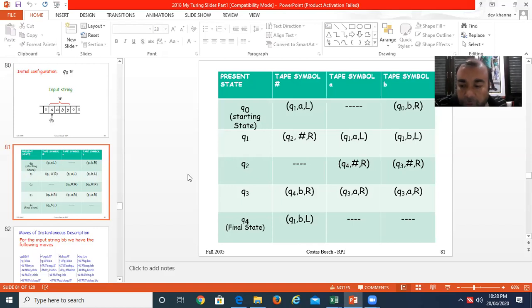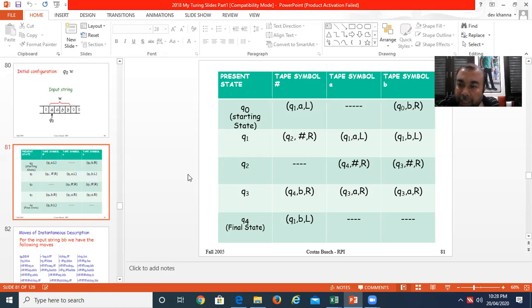Okay, let us see this also: Q4. On Q4, A and B are not defined. It means if A or B is encountered on the input tape and you are in state Q4, the machine will halt at that point of time.